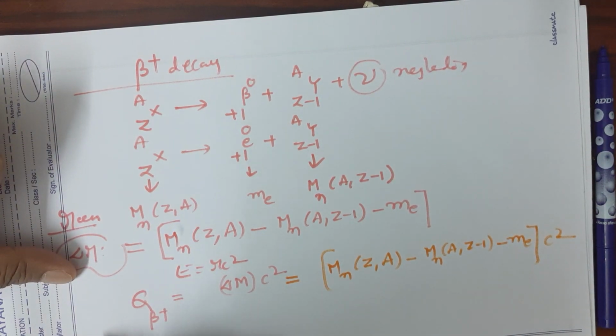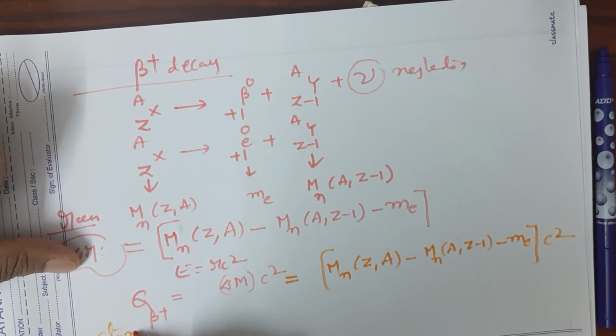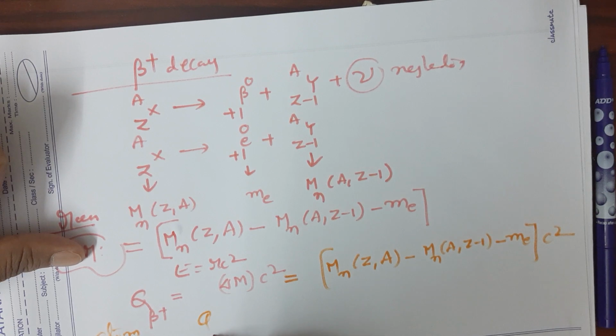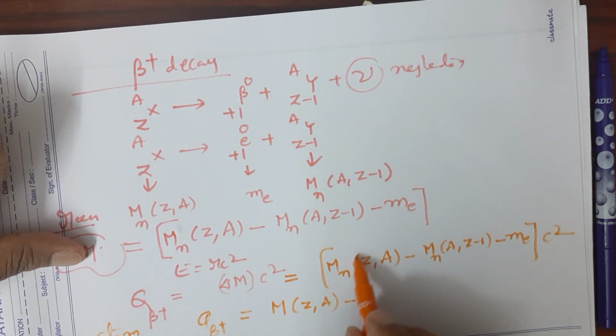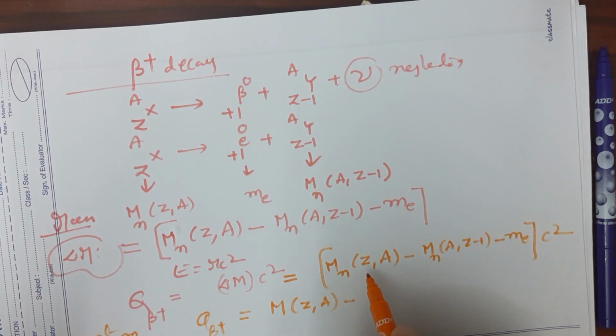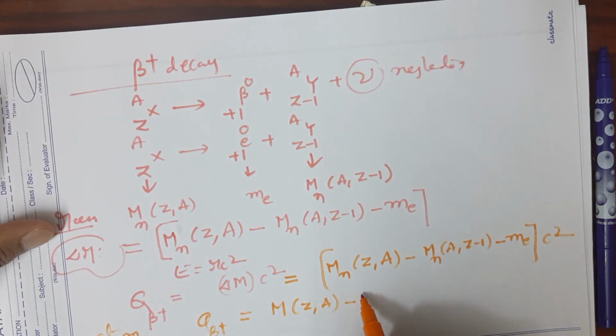Again, by considering the atomic masses, Q beta plus is M of Z A minus, since the atomic number Z means Z electrons exist, each of electron mass Me, total electron mass Z Me, so we subtract that.